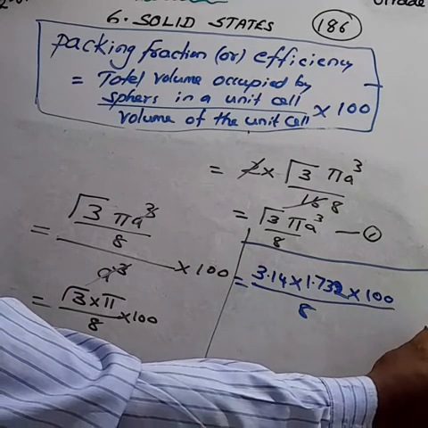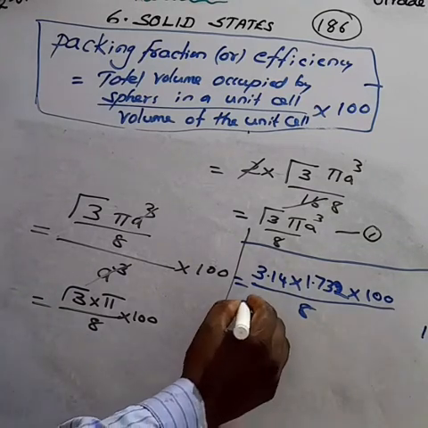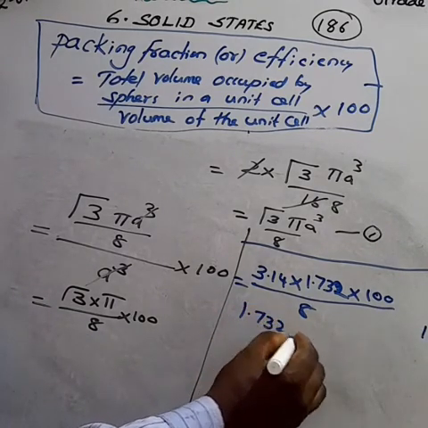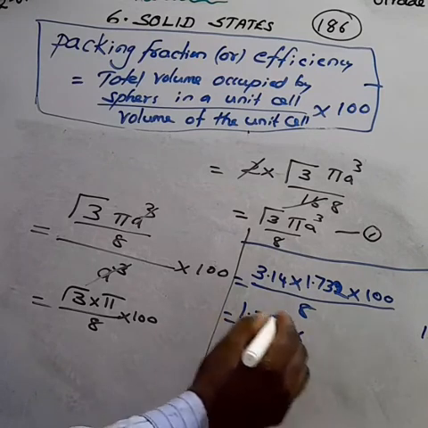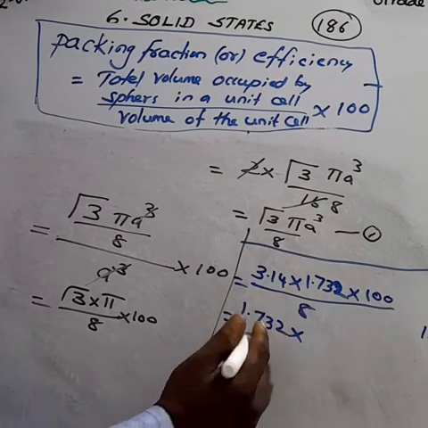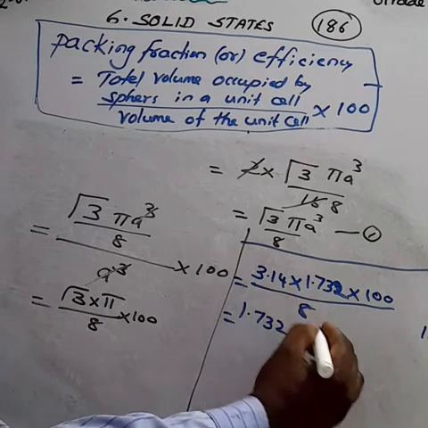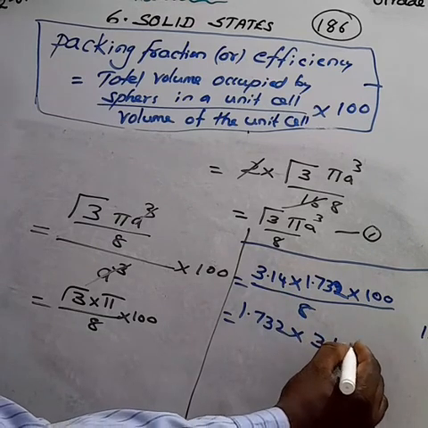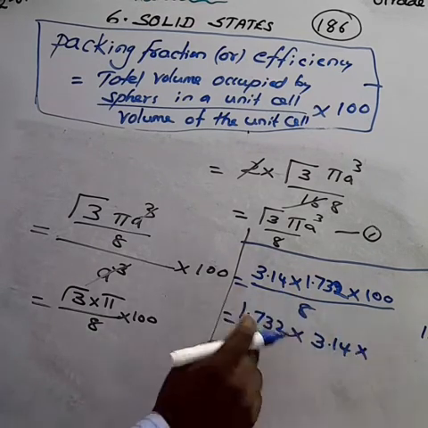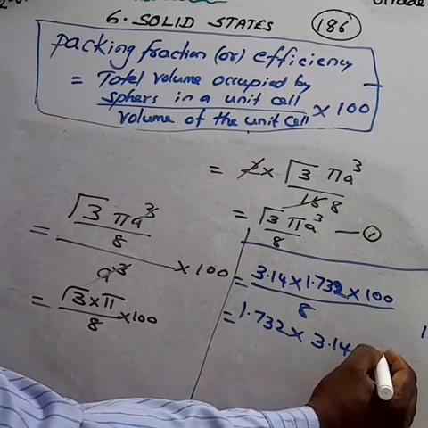So 1.732, which is the root 3 value, into the pi value 3.14, into 12.5.